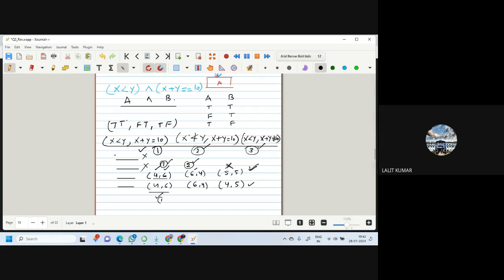Here, you see, x is less than y, yes, achieving. X plus y is not equal to 10, yes, achieving. So this is how we find and select the option which is achieving my test case.